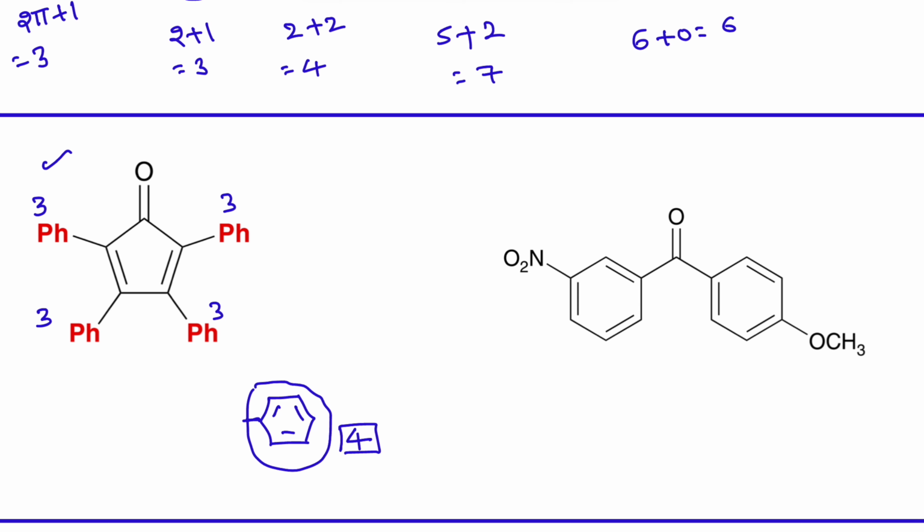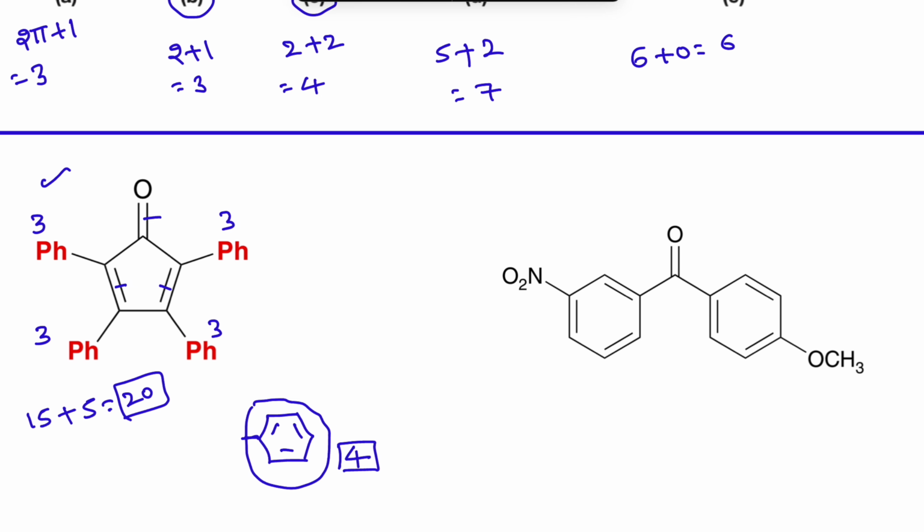So 4 into 3, that is 12, 13, 14 and 15. Totally 15 pi bonds. And here we have rings 1, 2, 3, 4 and here we have one ring. So totally that is 5 rings. So the degree of unsaturation will be 20.